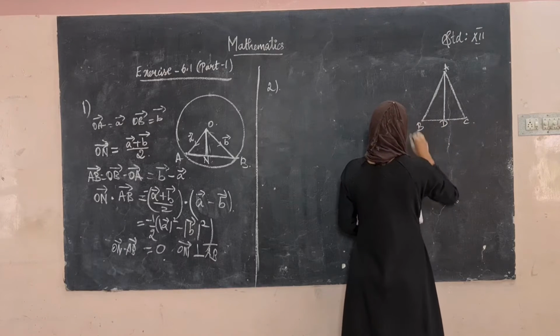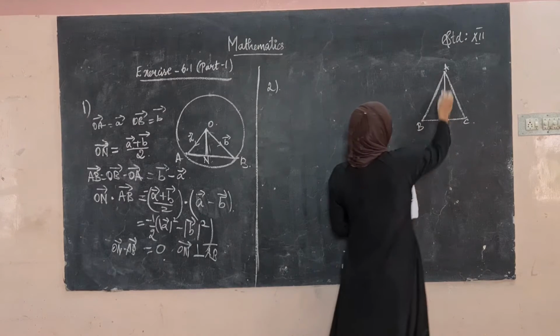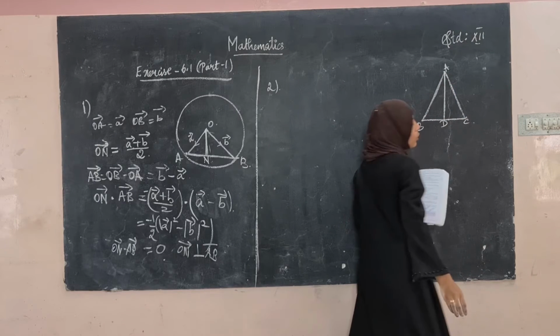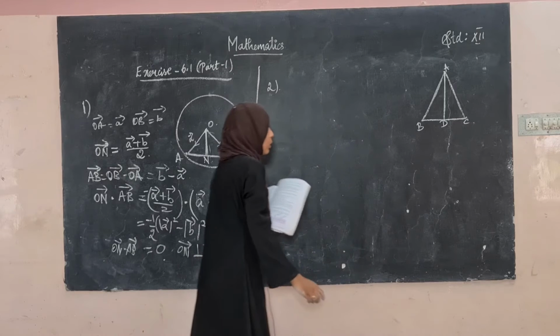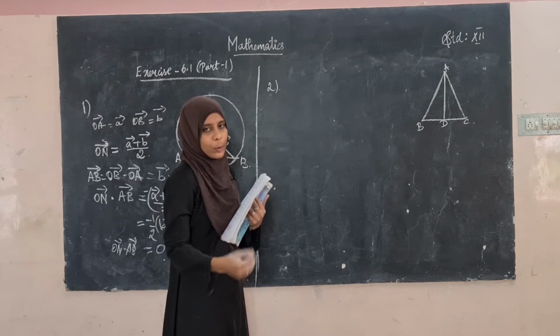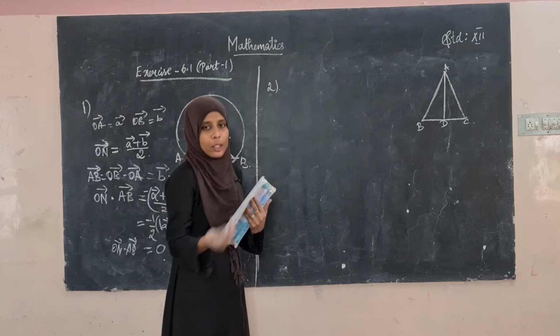Let this be D. So we have to prove AD is perpendicular to BC. For that, we show AD vector dot BC vector is equal to 0. If you prove like that, then we can say that AD is perpendicular to BC.